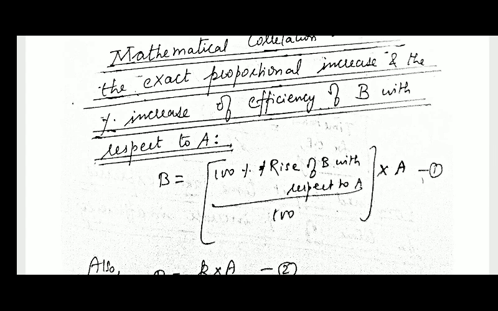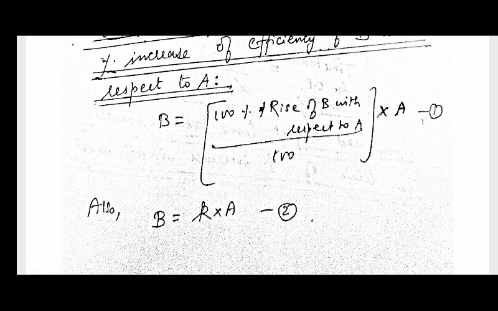So we will frame an equation, and then we will find a correlation. B can be written as (100 plus percentage rise of B with respect to A) by 100, into A, and that can be very well written as B equal to K times A, where K refers to how many times more efficient B is than A. So if in the above example B was twice as efficient as A, in this particular case K assumes a value of 2.